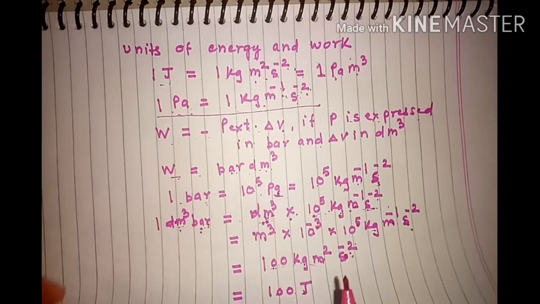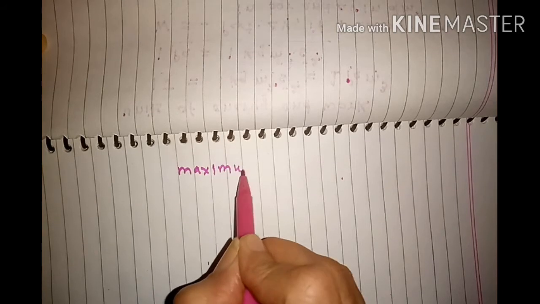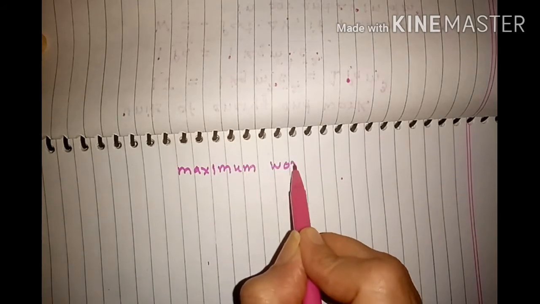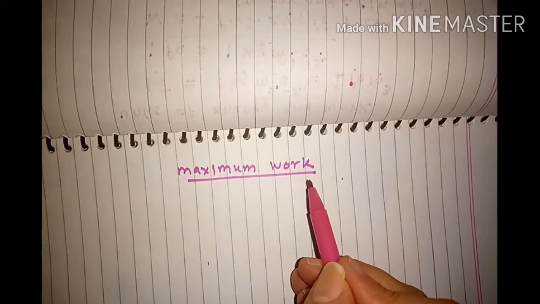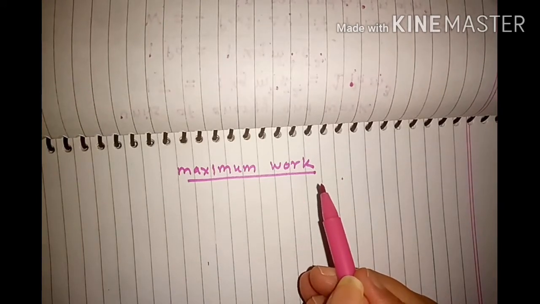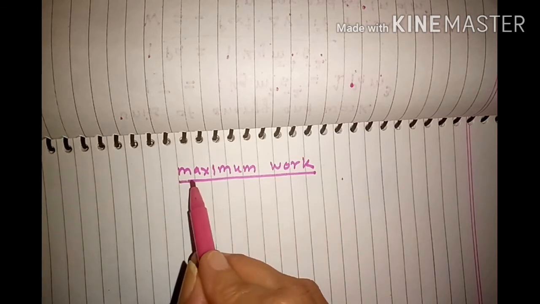Now we'll come to the next concept, that of maximum work. What are the conditions for this maximum work to be obtained? Because the ultimate aim for any chemical reaction or any system is that it should give you the maximum work.